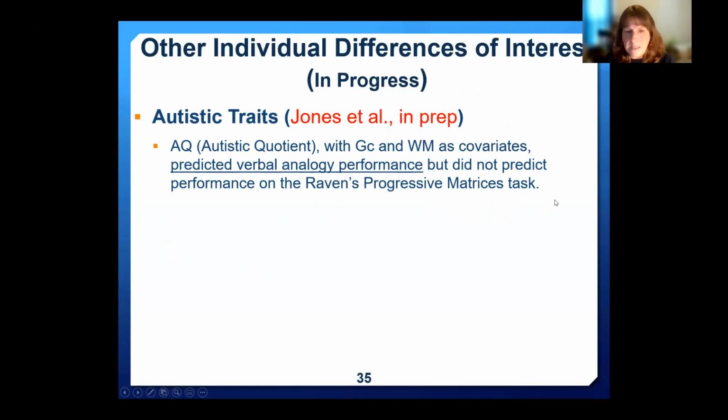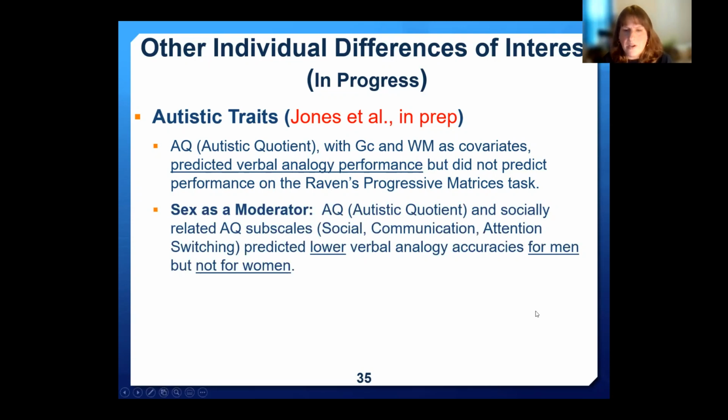By the way, one reason we did this study is that there has not been as much literature investigating autism or autistic traits with verbal analogies in comparison to the plethora of research that has used other types of tasks like the Raven's task or pictorial analogies or scene analogies.